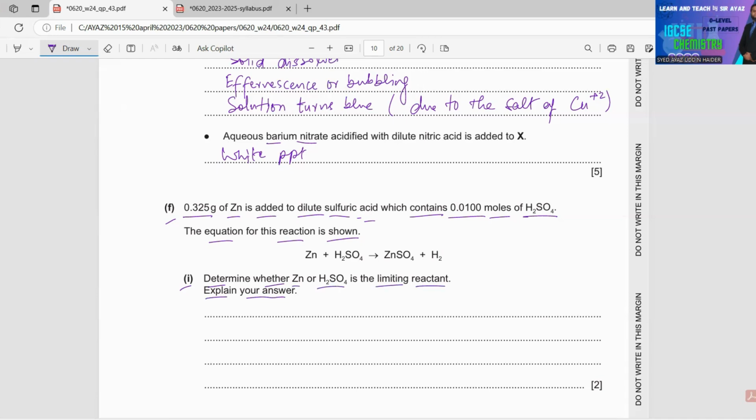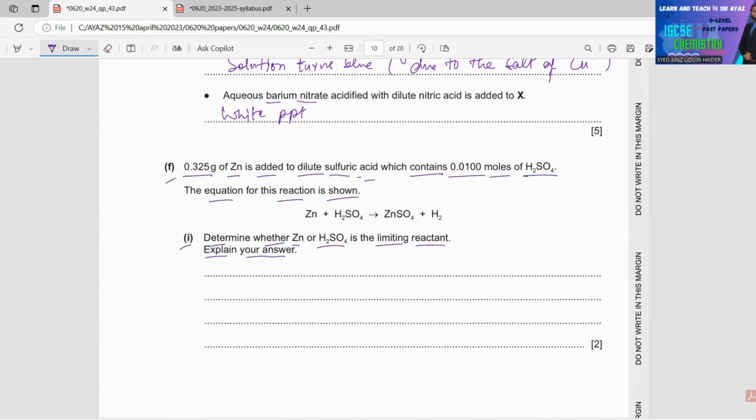Explain your answer. So what I'm going to do, I will convert the mass of zinc into moles, as moles of H2SO4 is provided, and we are also provided with the reaction equation. So it will become easier for us to compare the moles in order to find the limiting reactant here.